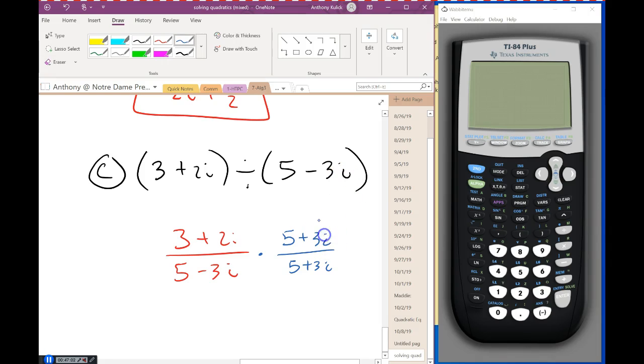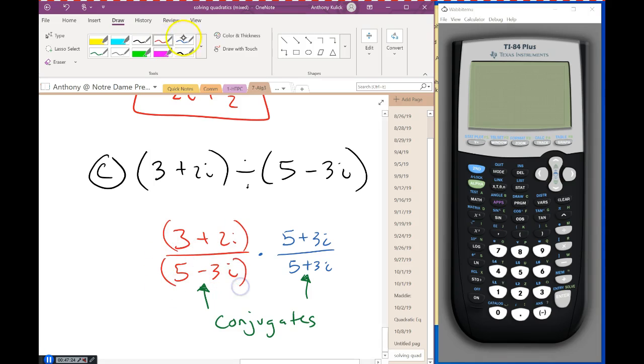It's going to be 5 plus 3i. So it's the same thing as whatever's in your denominator, just with the opposite sign between them. These are also called conjugates.